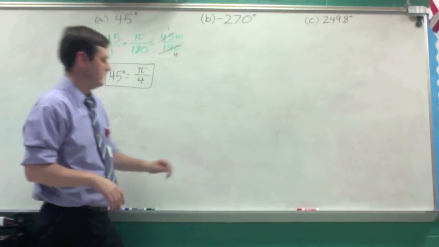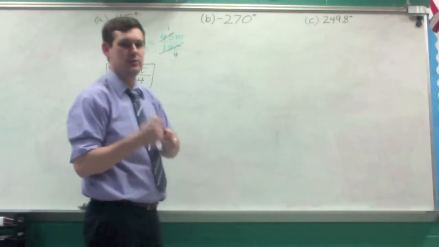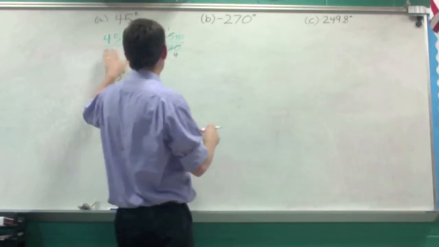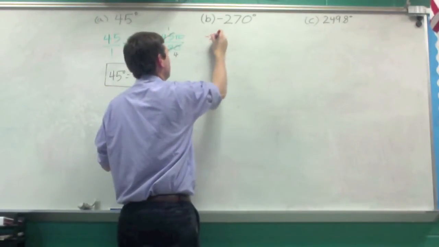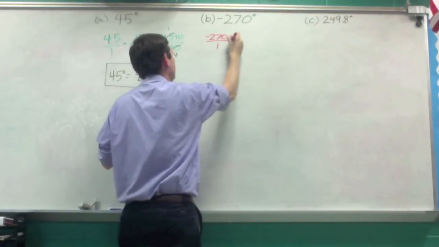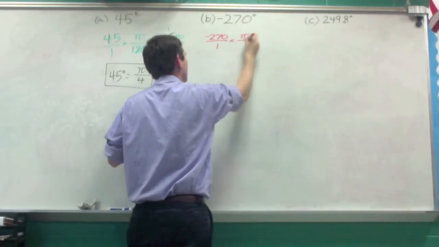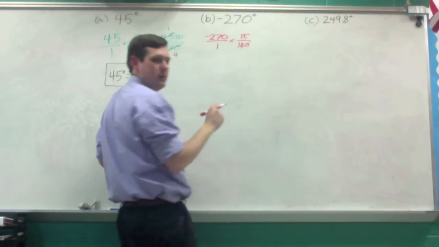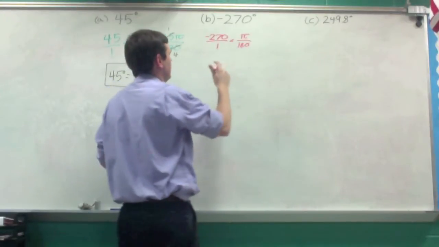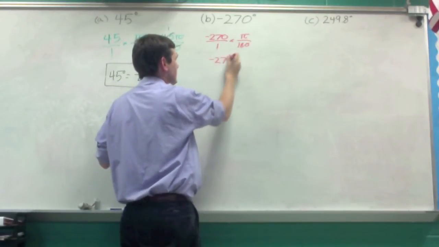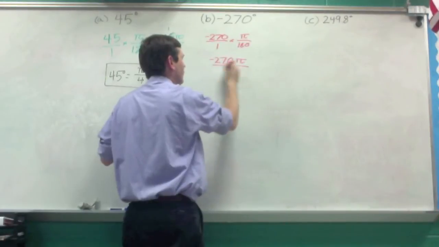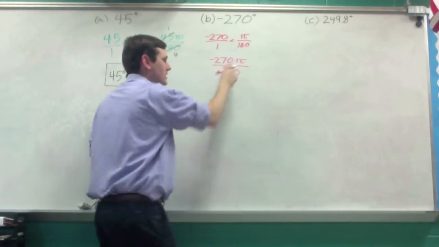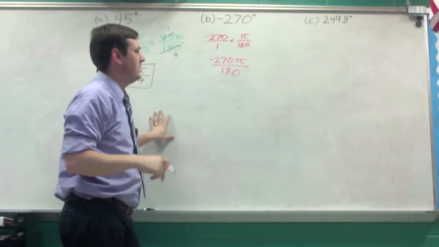So moving on to negative 270. Again, we do times pi over 180. That's easy enough because we're going to have negative 270 over 1 times pi over 180. Okay? That's going to give me negative 270 pi over 180. 270 and 180 have a common factor.